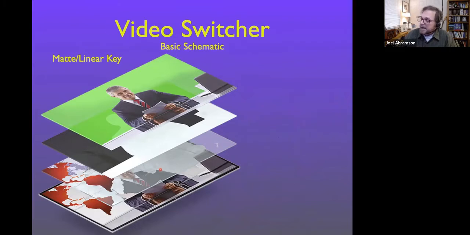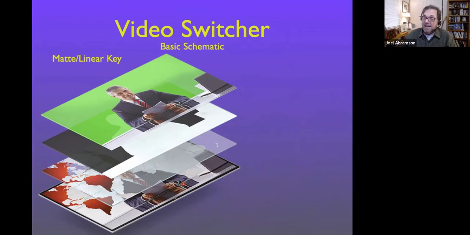We've got our base picture right here, the weather or the world map. Then we've got our anchor right here in the chroma key area, and we're using our linear key to chroma key the anchor over the picture. This is our linear key right here. The composite picture.